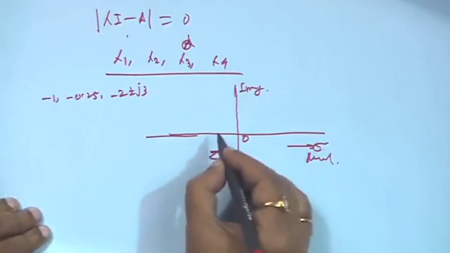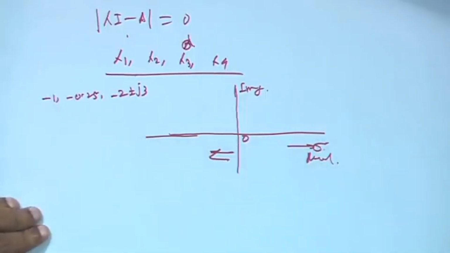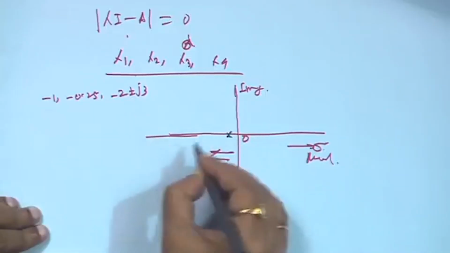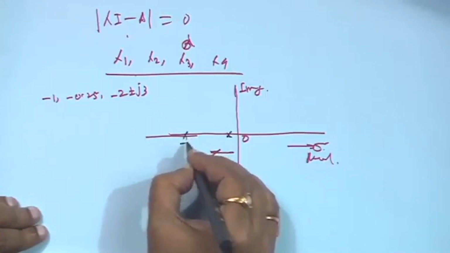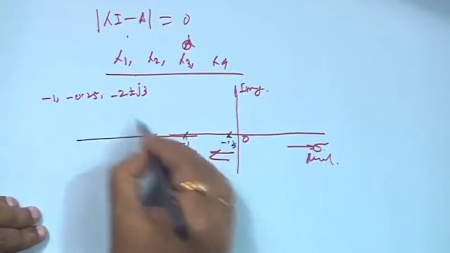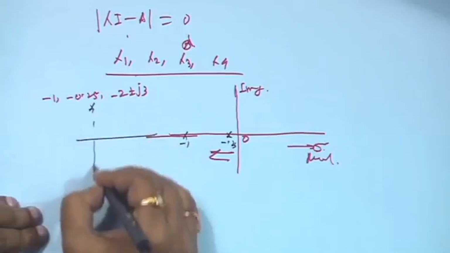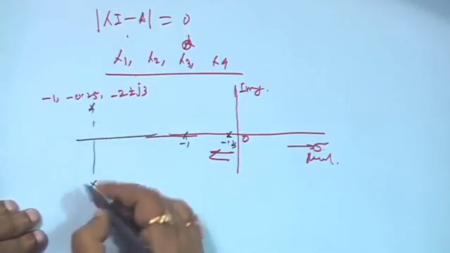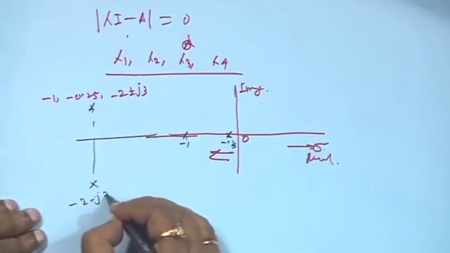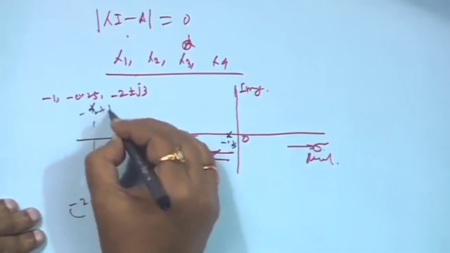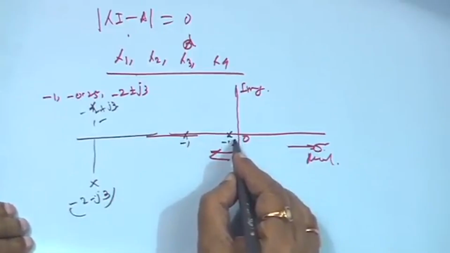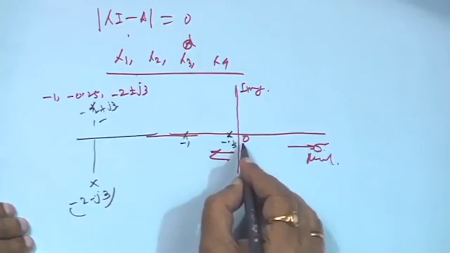If you locate these eigenvalues, the real eigenvalue minus 0.25 is very close to the origin, another real one is at minus 1, and the others are far away, minus 2 minus j 3 and minus 2 plus j 3. The eigenvalue which is very close to the origin is more sensitive to the stability of a linear system. So, this is minus 0.25.